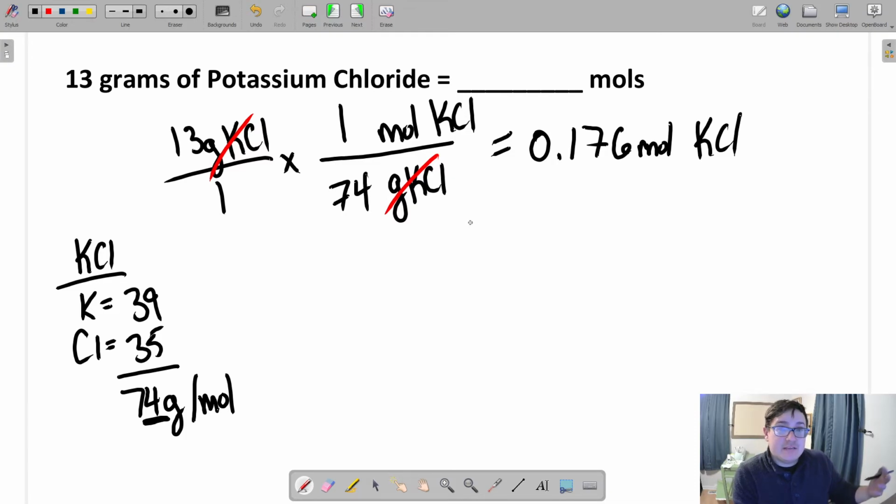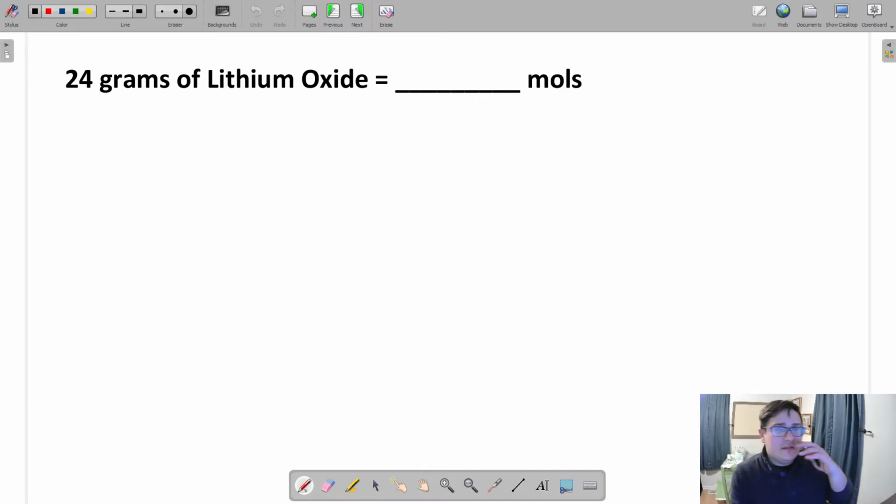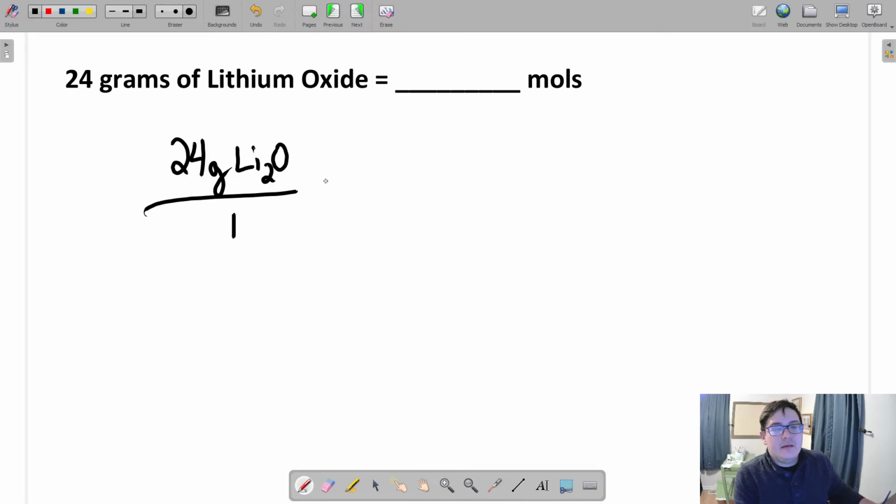All right, that's it. Let's try the next one out for me. Okay, lithium oxide. What is lithium oxide going to be? And if you have 24 grams of it, how many moles of that would it be? Well, lithium oxide, you should be able to predict what it is, and that's Li2O. And let's figure out its molecular mass. So lithium, oxygen, lithium and oxide.